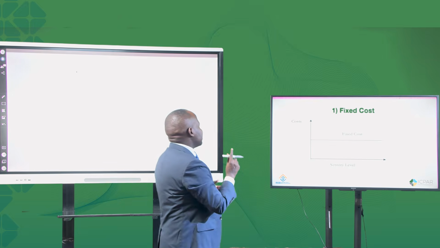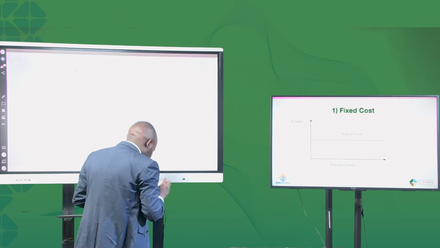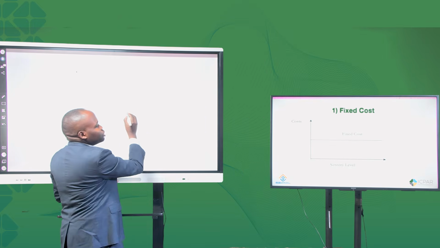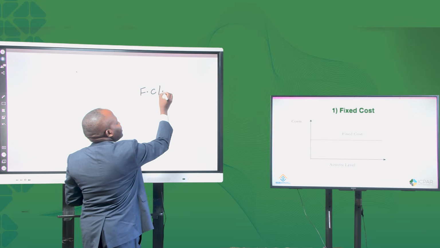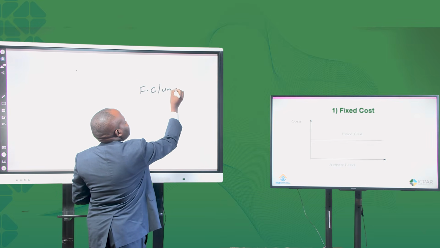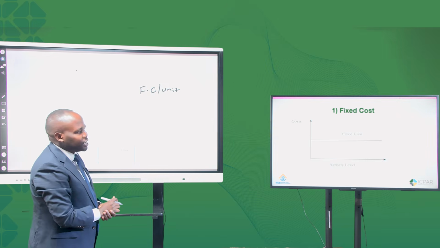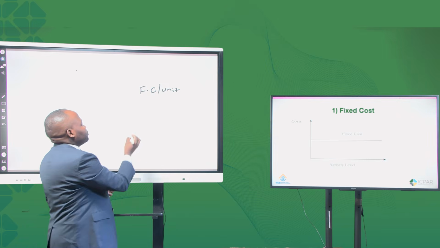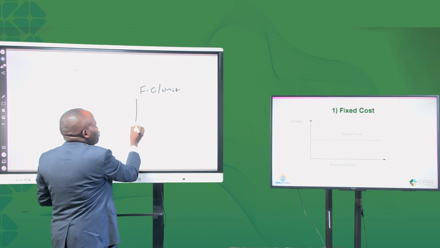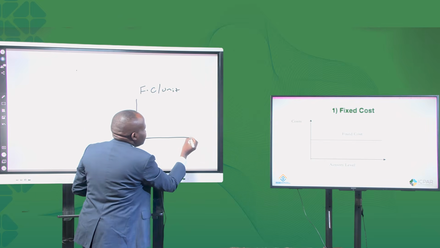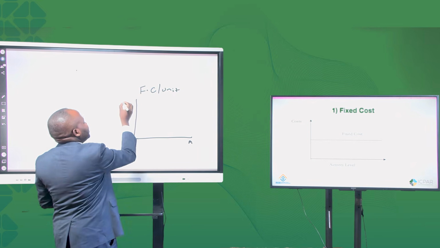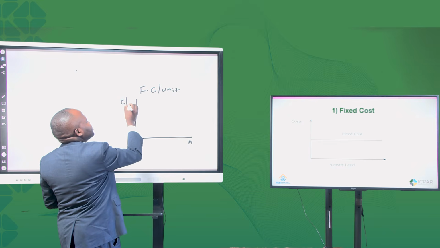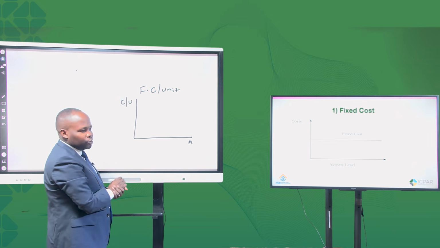However, that is total cost. When we come to what is called fixed cost per unit, fixed cost per unit is not constant. For example, going back to our chart, in the x-axis we have activity, and in the y-axis we have cost per unit.